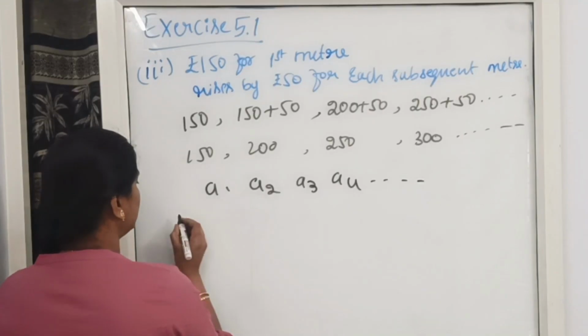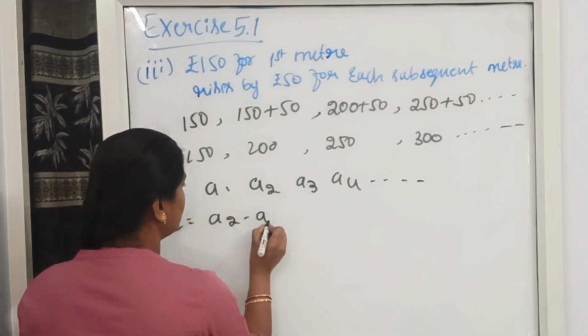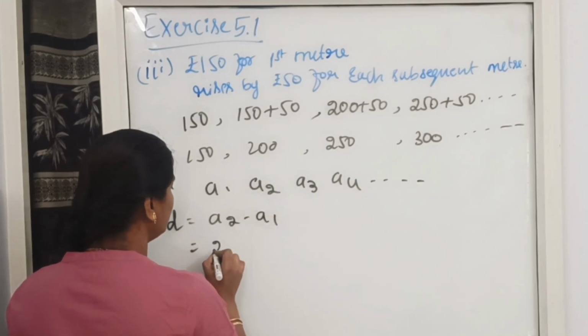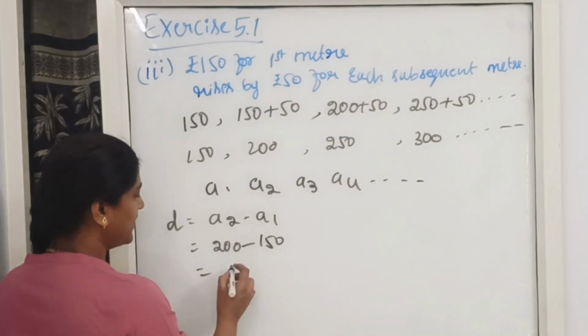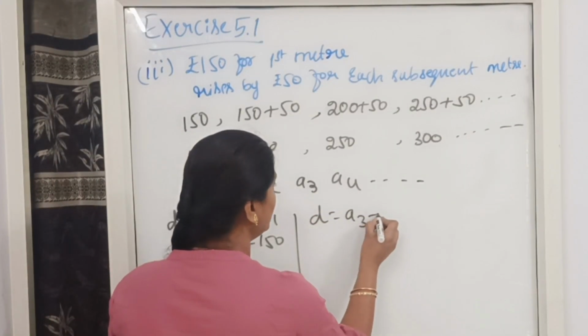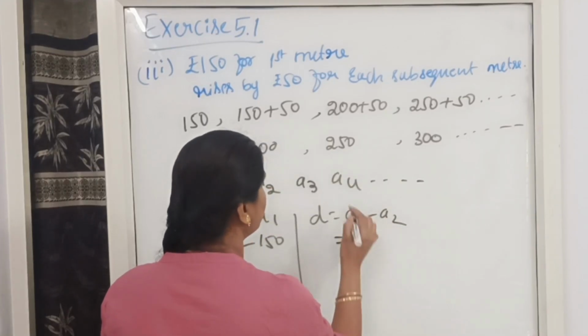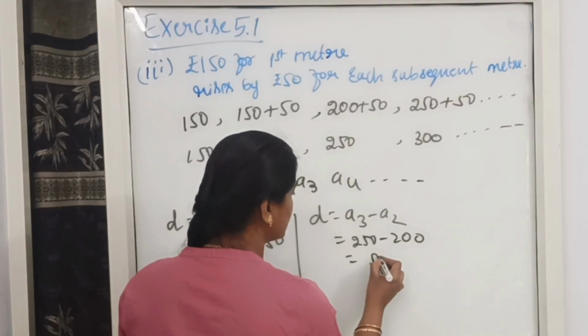So let us find out the common difference. A2 minus A1, which is A2 200, A1 150, 200 minus 150 is 50. Second time A3 minus A2, what is our A3? 250 minus 200, so this is 50.